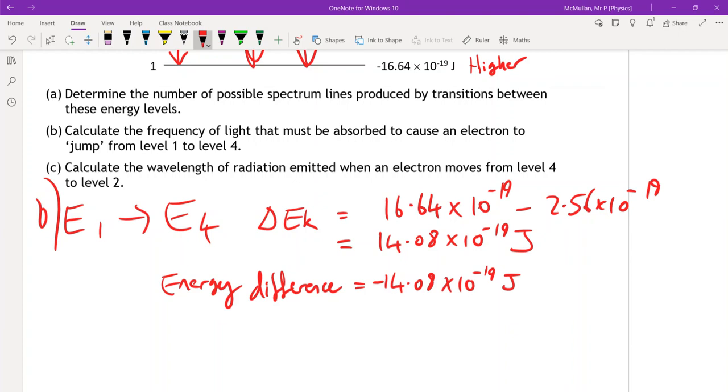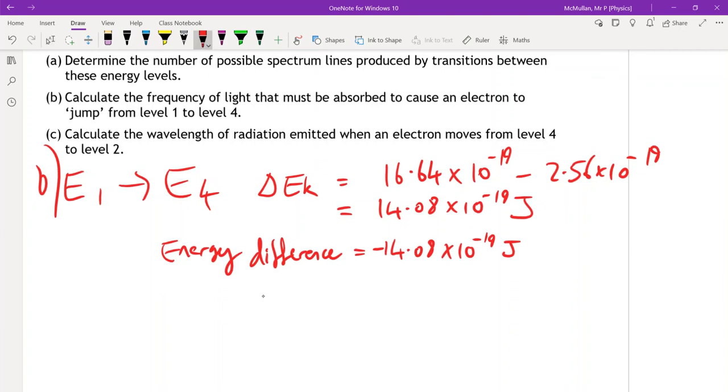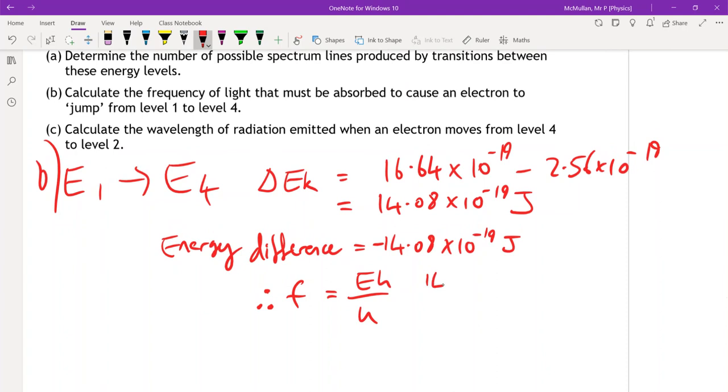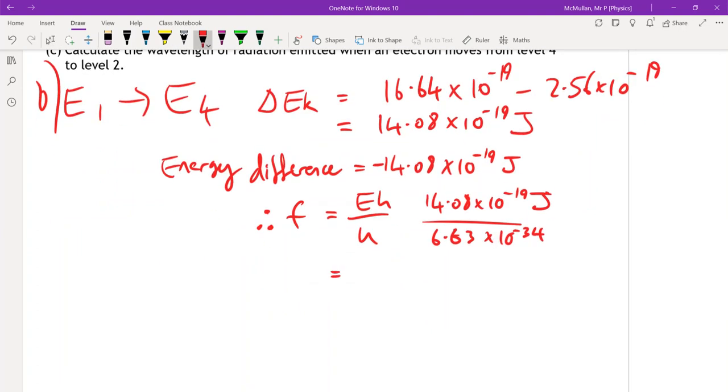We're just looking for the difference between the two values. The frequency depends on E over Planck's constant, which is our 14.08 times 10 to the minus 19 joules, divided by 6.63 times 10 to the negative 34. So the frequency of light that must be absorbed to cause an electron to go from 1 to 4 comes out to be 2.12 times 10 to the 15 hertz.